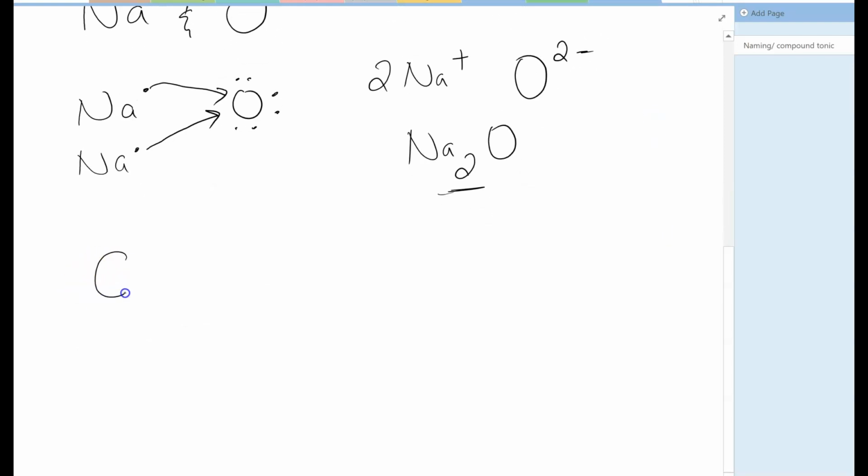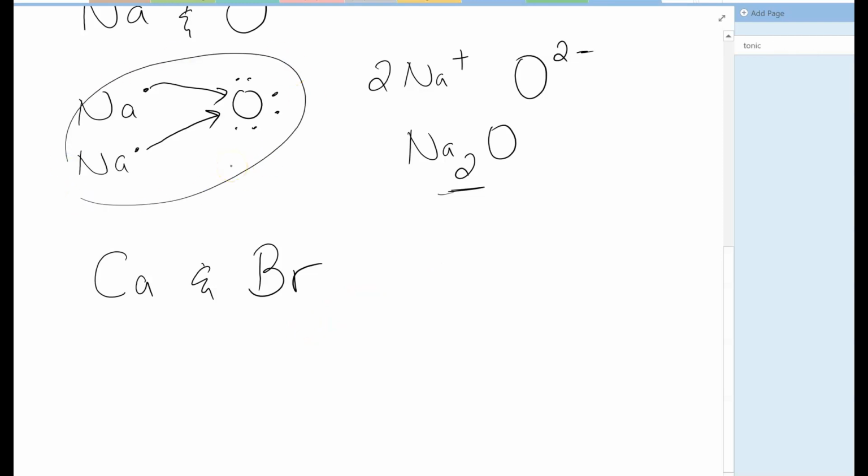How about if we had calcium and calcium wanted to bond to bromine? So now what you can start doing, instead of drawing out the valence electrons, is find what kind of charge it would become. Well, calcium is a group 2. Group 2 is a metal, so that means it becomes +2.